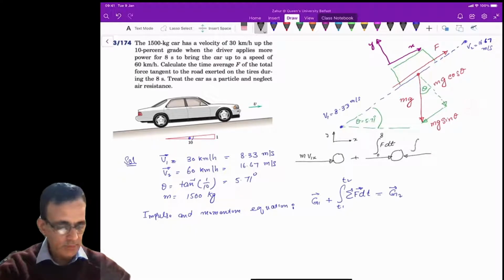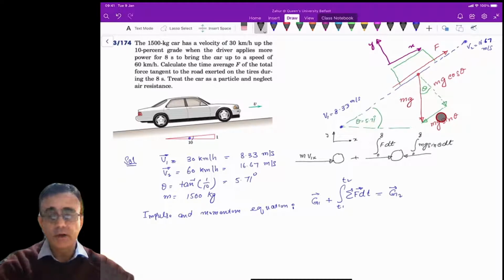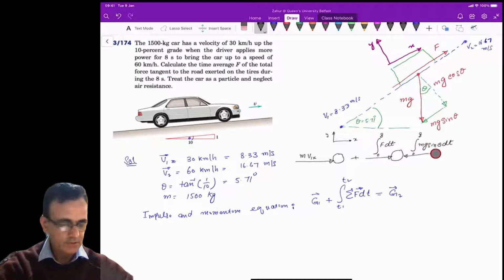So this will be from 0 to 8 of mg sine theta dt, because this weight is also acting on the car for that specific time, from 0 to 8 seconds. So therefore we also need to integrate the weight here.